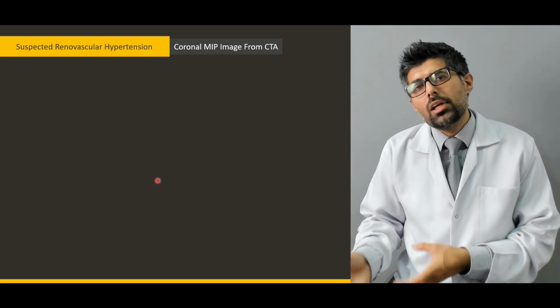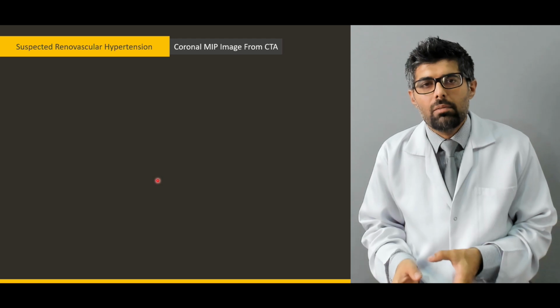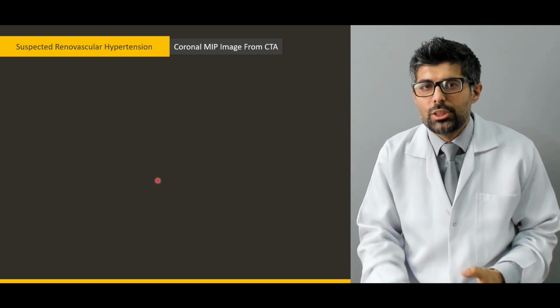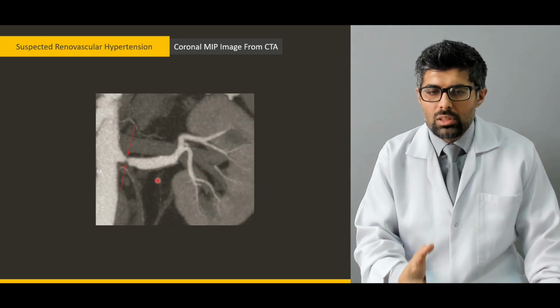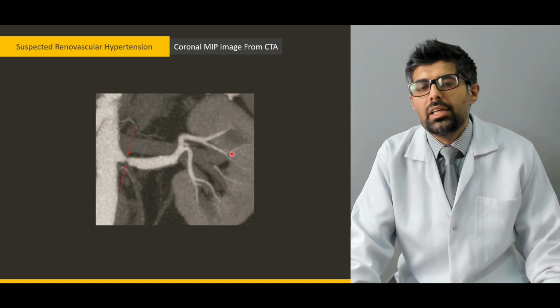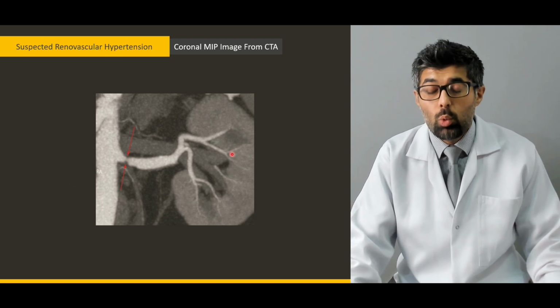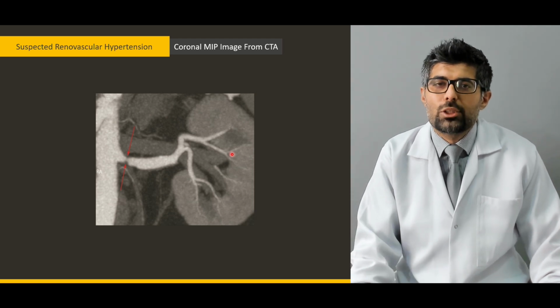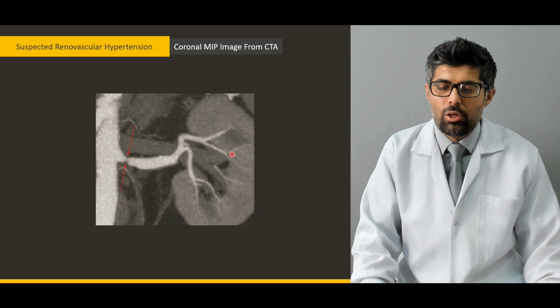So not only can we perform CTA and MRA in various situations, we can perform certain other studies too, such as this. This is a CTA with a maximal intensity projection. Now, what is a maximal intensity projection? You have to look up my lecture on the introduction to radiology.